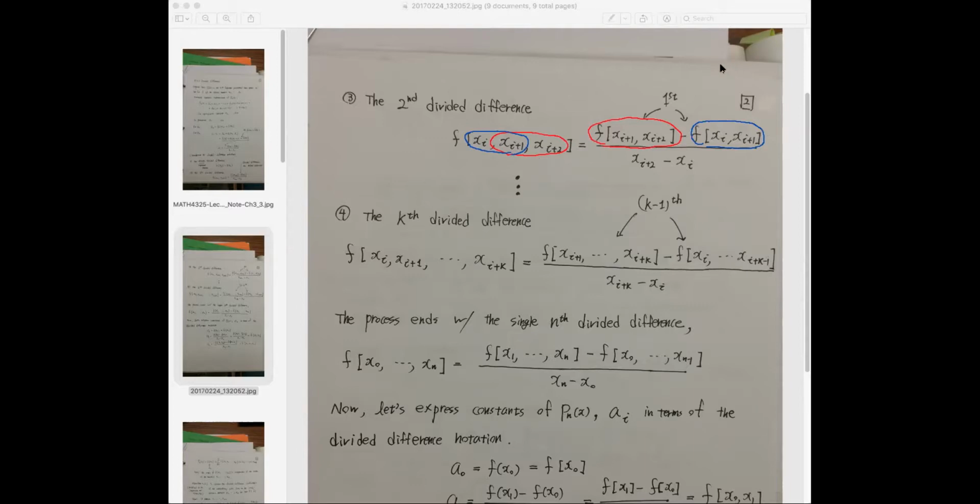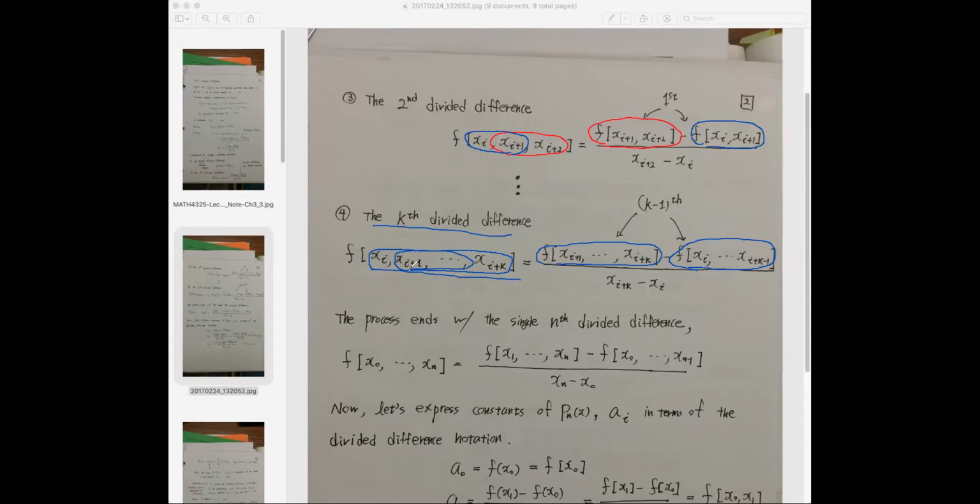Then the kth divided difference can be defined as the (k minus 1)th divided difference using the second to the kth nodes, minus the (k minus 1)th divided difference defined using the first to the (k minus 1)th nodes.